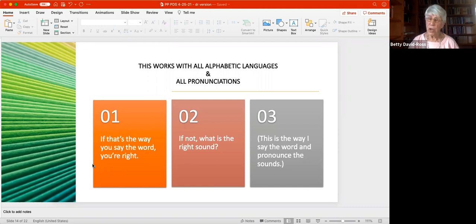And she said "luke." And I said, well, Juliana, if you say "luke," I luke out the window and I luke for my book under the bed, then you're correct. But if you don't say that, what are the correct sounds in the word? Do you say "luke" or do you say "look"? And as it happened, she said "look." So she figured out the correct sounds.